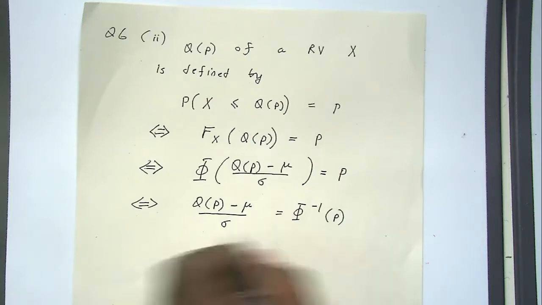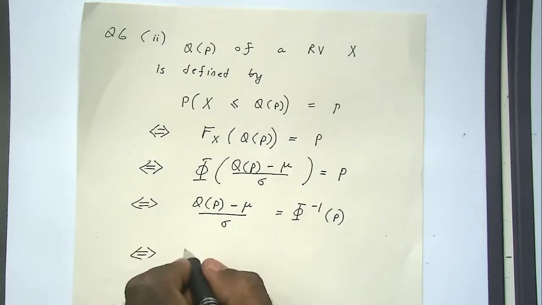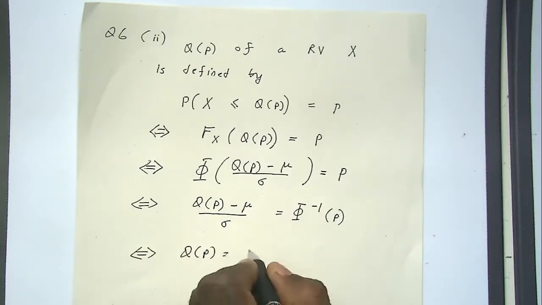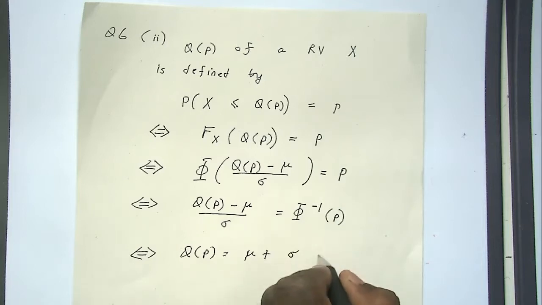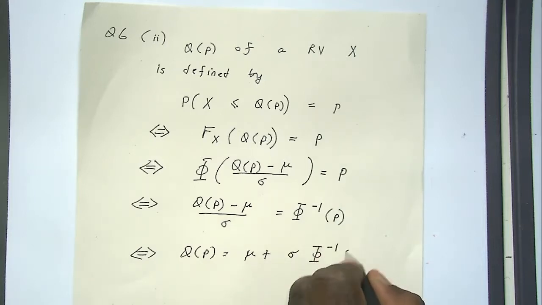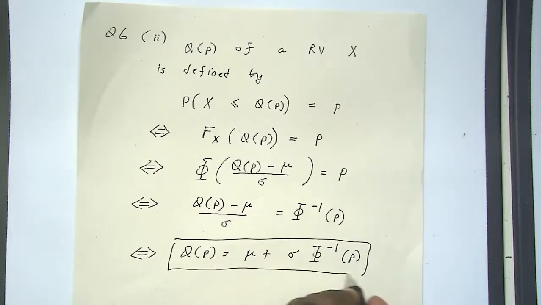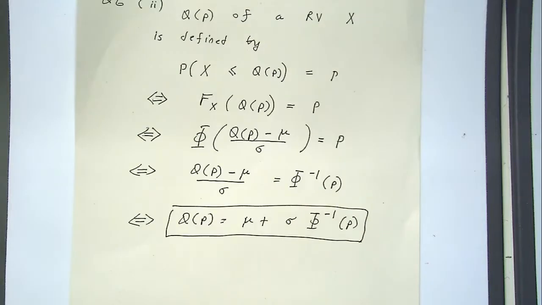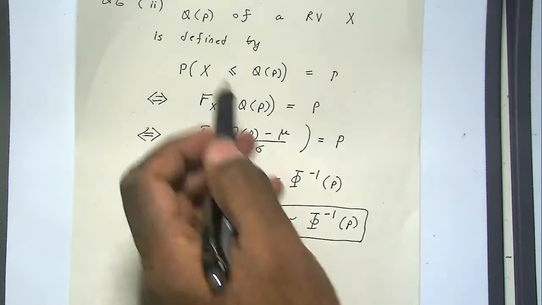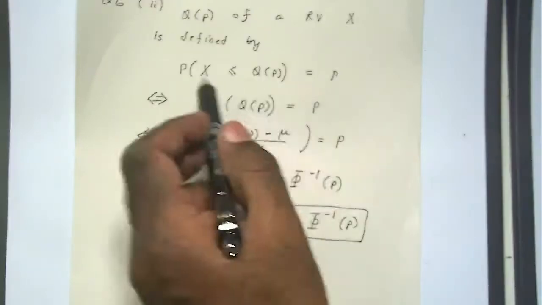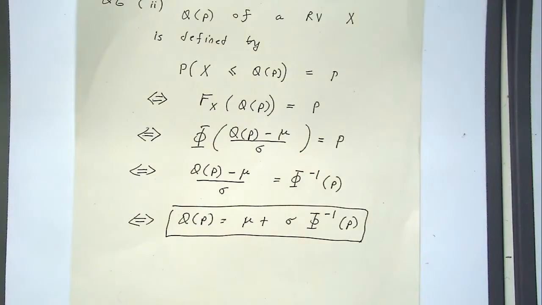Finally, if you rearrange, you get Q of P equal to mu plus sigma times phi inverse of P. So this is the quantile function for a normal variable with parameters mu and sigma squared. This can be done for any distribution. The starting point is always this equation here, but here we did it for the normal random variable.